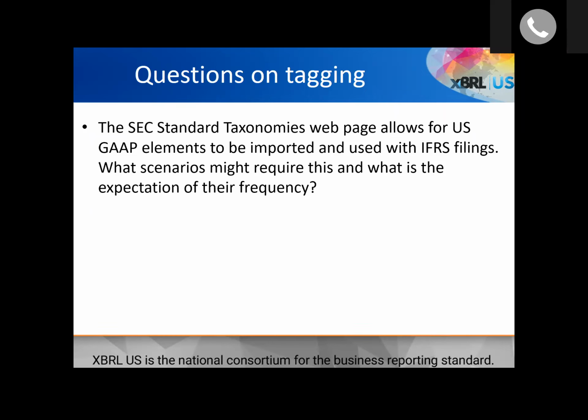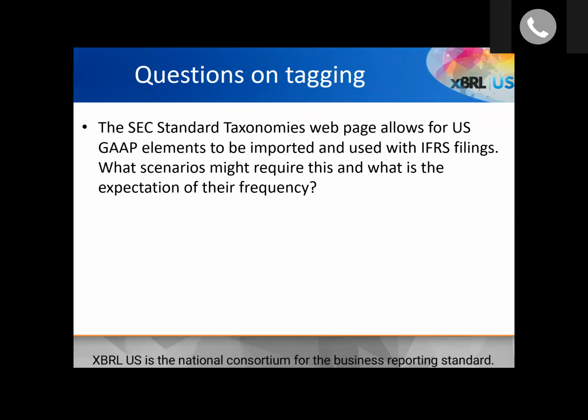No, I agree entirely with what you said. I think there are a few one-offs that might be coming from a particular form, so take a careful look at the form requirements. One thing that comes to mind would be companies in the oil and gas industry that file foreign private issuer forms. There's an additional requirement, I believe under Item 18, an instruction that specifically requires disclosures of supplemental oil and gas information.